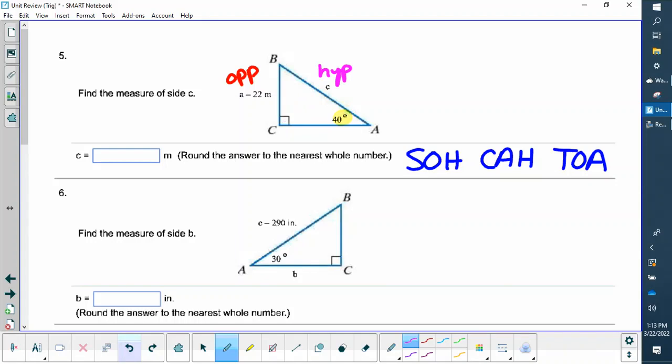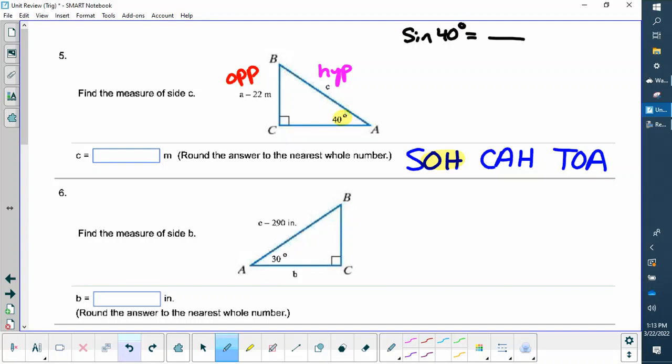You'll notice I'm not even going to put adjacent. I don't know adjacent. I'm not looking for adjacent. We don't care about adjacent in here. So looking at the term SOHCAHTOA, I notice O and H. The S tells me I'm going to use sine. So let's write it out. The sine of 40 degrees equals.